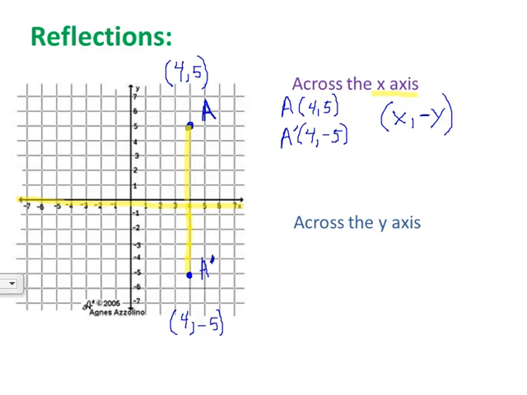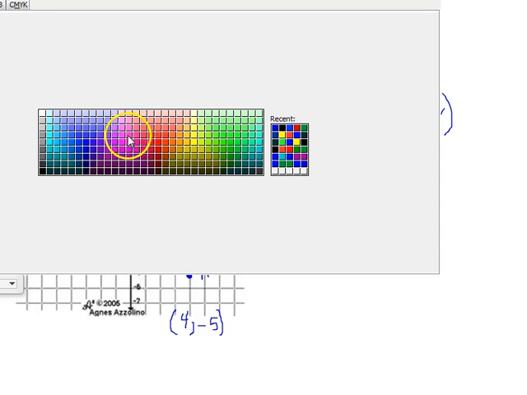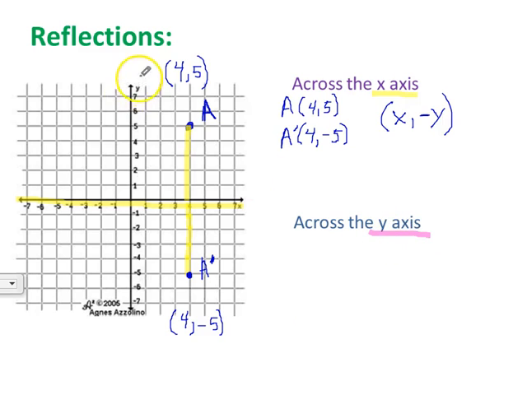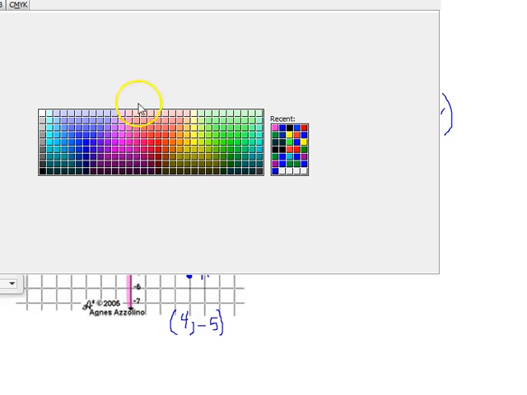Now, what if we take that same point, but we now reflect it across the y-axis? So the y-axis is our vertical axis, and we need to be the same distance away, just like for reflecting across the x-axis. We need to be the same distance away from our y-axis. So here we're 1, 2, 3, 4 away. So we have to be 1, 2, 3, 4 away on the other side.